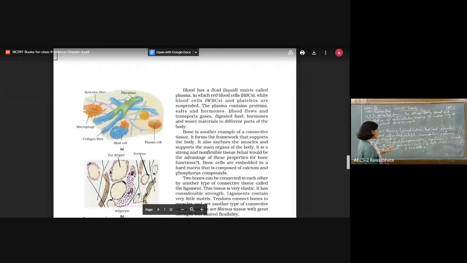If you see, I just wrote the function of RBC here, then the function of WBC, the function of platelets, and of course, last but not the least, thermoregulation. If you cannot remember this term in the exam, write regulation of temperature in the body.